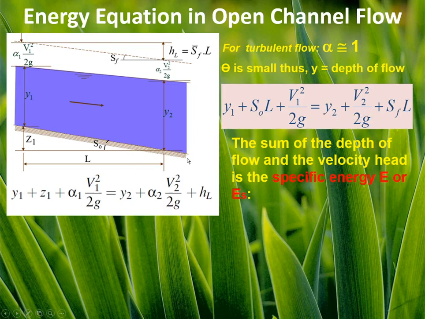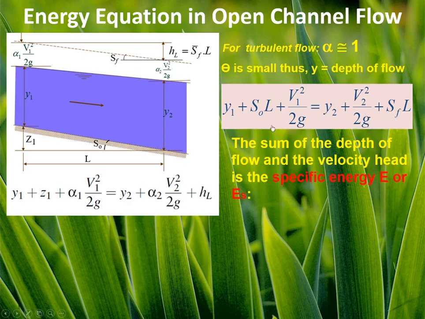And as the flow is considered turbulent, we also assume alpha equals 1. Therefore, we will have such an equation for this case: y1 plus S0L plus v1 square over 2g equals y2 plus v2 square over 2g plus SfL.